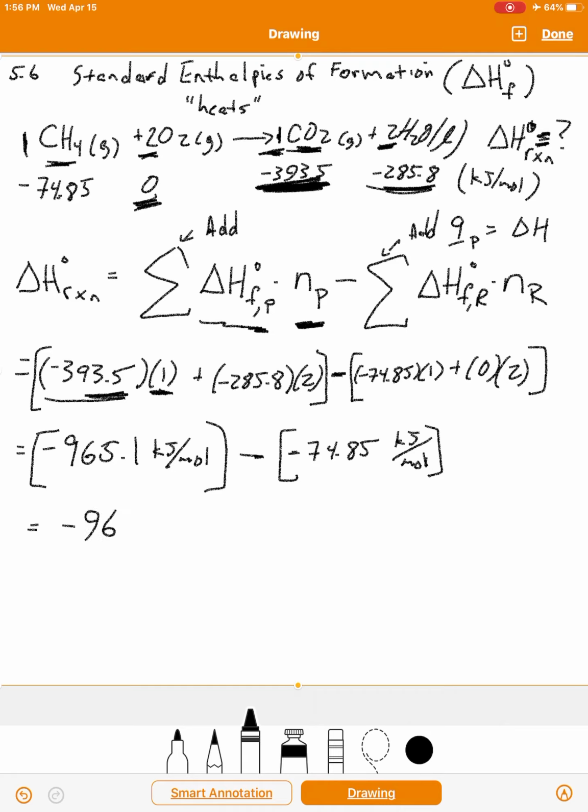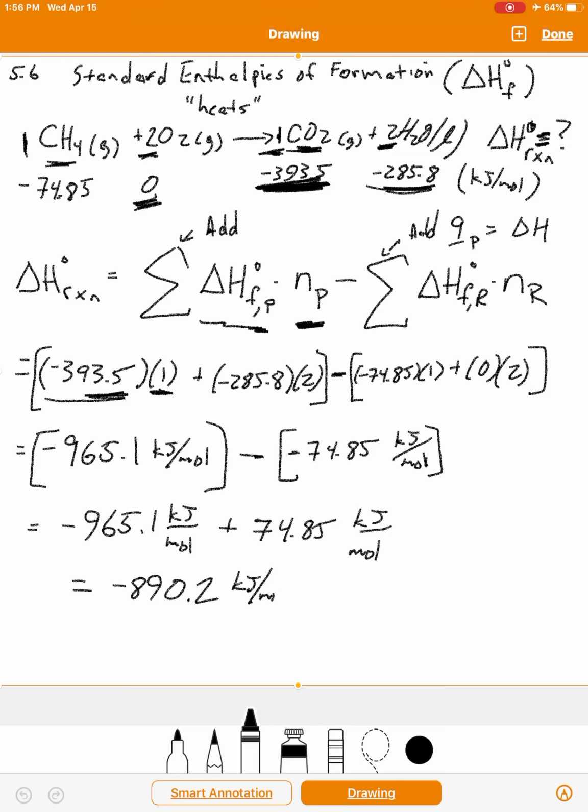So you get negative 965.1 kilojoules per mole plus 74.85 kilojoules per mole. Okay? And so it looks like it comes out to negative 890.25. So I'm just going to round that to 2 kilojoules per mole. And that's our delta H of reaction under standard conditions.